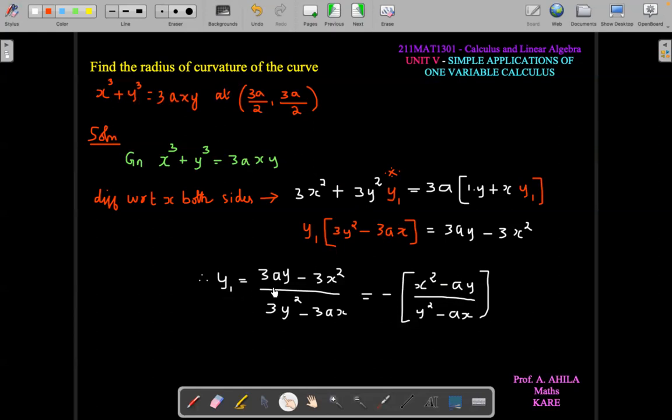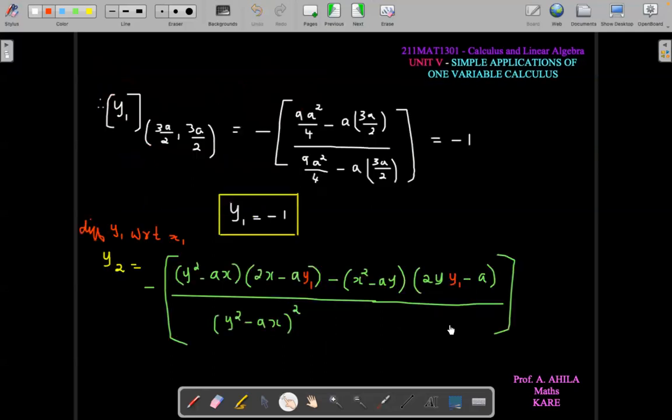Therefore, our y1 is 3ay minus 3x square by 3y square minus 3ax. Making it in a common pattern and cancelling 3 on both numerator and denominator, we get minus of x square minus ay by y square minus ax. I've taken minus common out here in the numerator so it will look in the same pattern. So our y1 is minus of x square minus ay by y square minus ax.